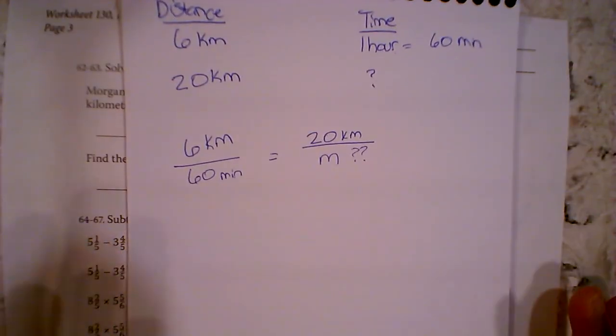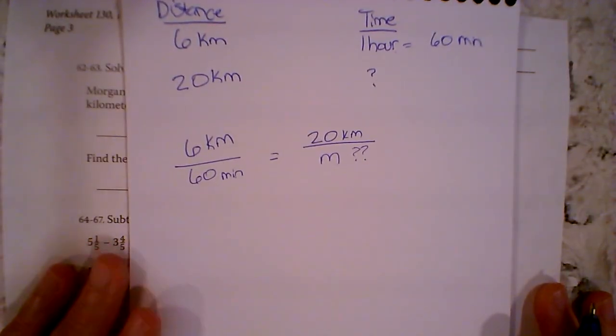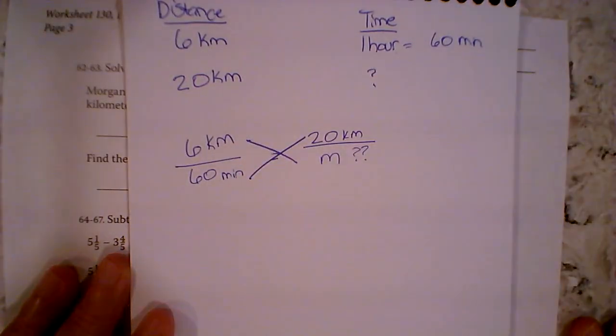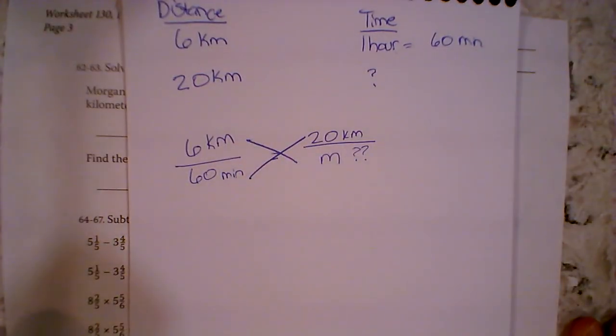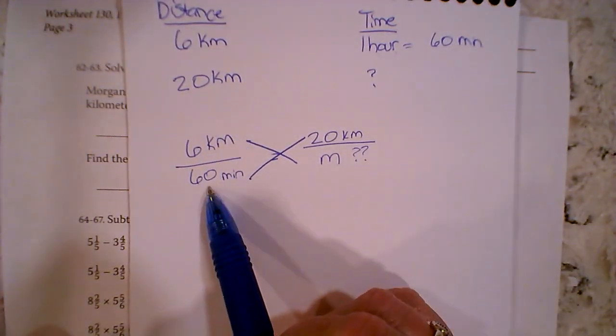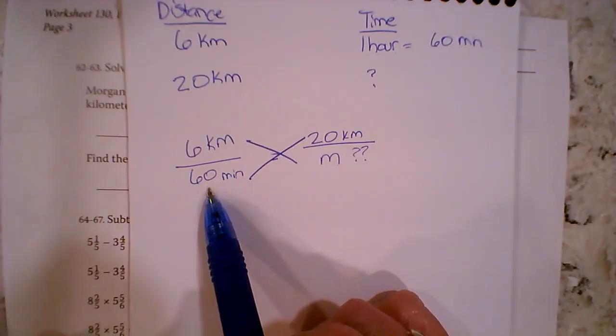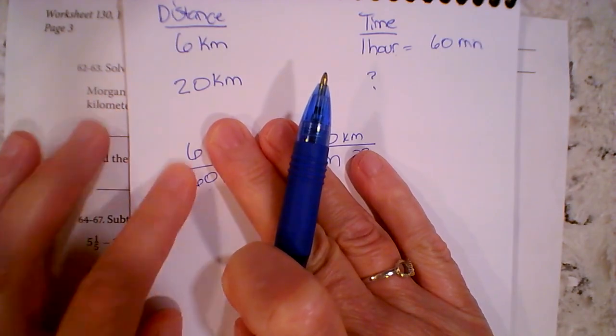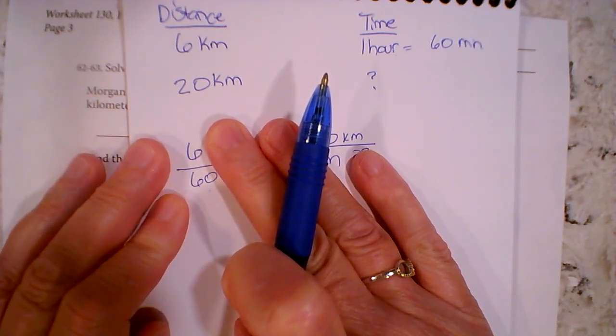Earlier in level F, we learned about cross multiplying. However, what I really want to do is as little calculation as possible, or make the calculations easier, right? So I have 6 over 60. If I see this as a fraction, I'm going to say, that fraction can be simplified.